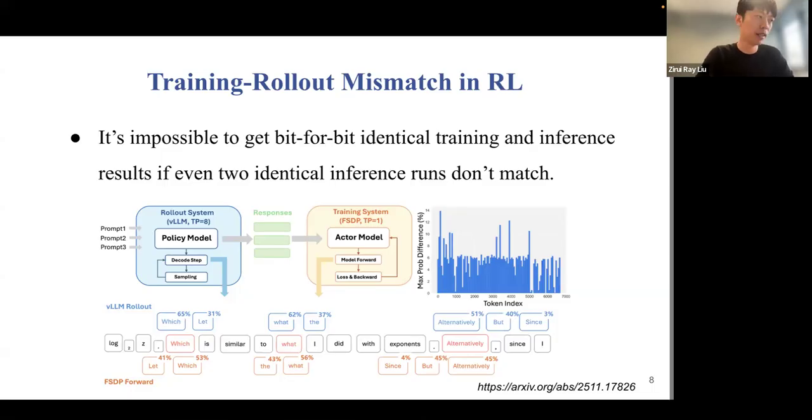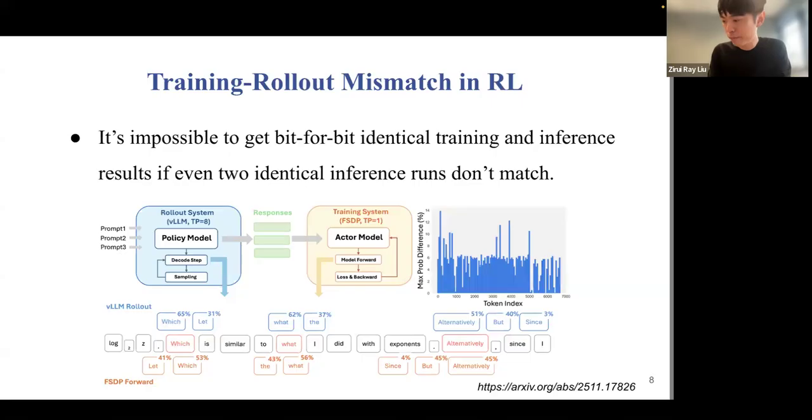For the rollout, essentially you are doing inference, so we use vLLM or SGLang to maximize the inference throughput. But on the training side, because the workload is different, people usually use Megatron or FSDP to do the training. Different systems implement the whole stack differently, so they implement the same operation in different kernels. And like I mentioned, there is the kernel mismatch problem.